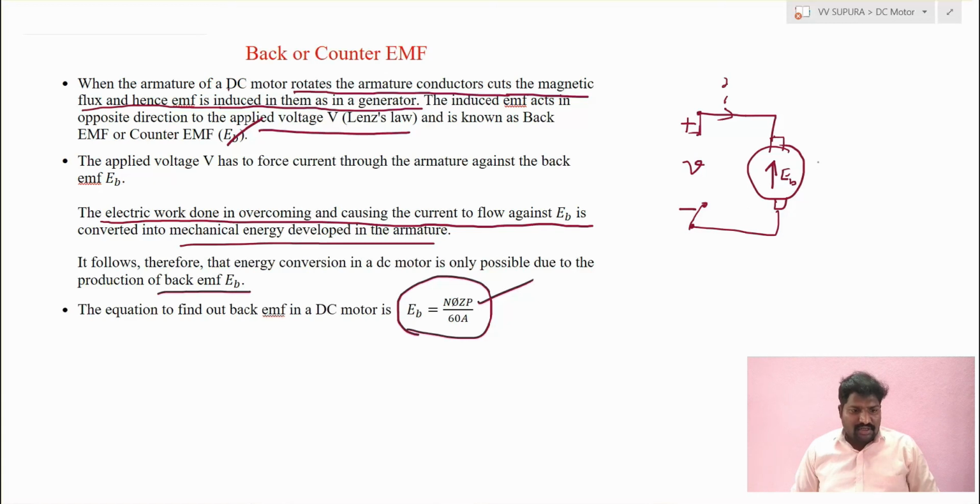The armature has some armature resistance, and the current flowing through the armature will be Ia. Here V is always greater than the back EMF. So the equation I can write here: the voltage V equals back EMF plus losses.